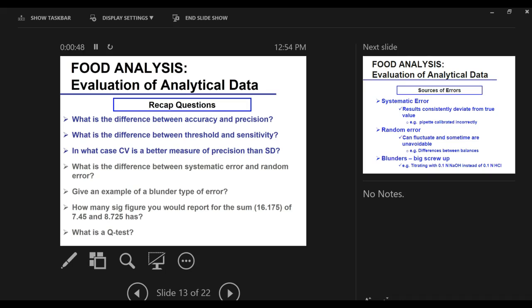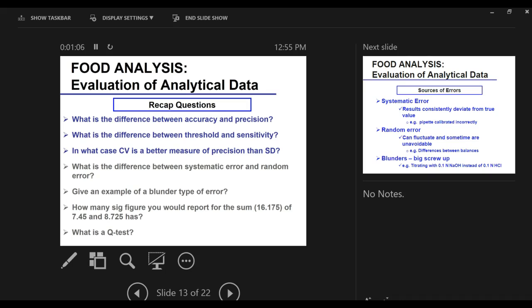Okay, what's the difference between threshold and sensitivity? Threshold of the method, Brigitte? Threshold is the minimum level that an equipment can detect, and sensitivity is the smallest change that. Exactly.